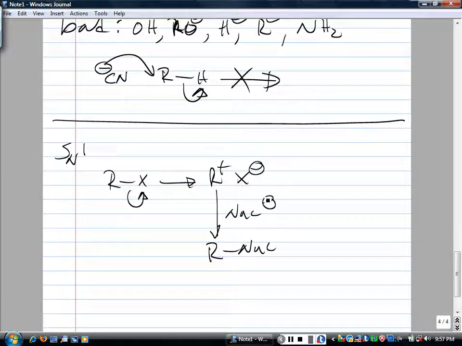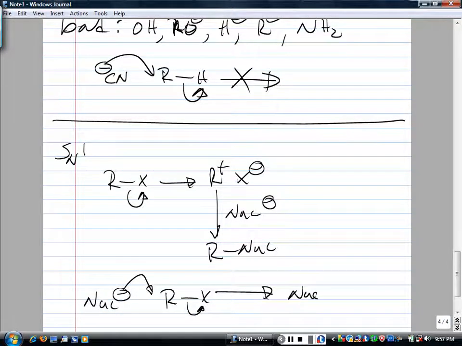That is the SN1 reaction. In the SN2 reaction, the nucleophile attacks the substrate while it is still bound to X. Right? And we end up with our product. Right? Nuke R and X minus. Okay.